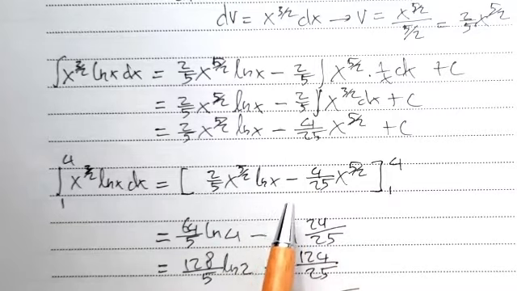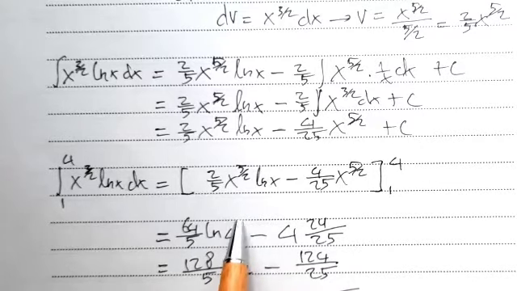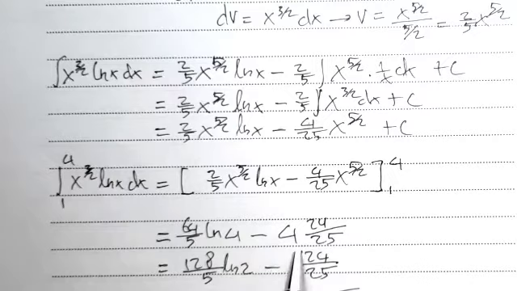From the calculation we obtain 64 over 5 ln 4 minus 124 over 25. We can write 4 as 2 squared, and the power 2 is moved down, times 2, so this also equals 128 over 5 ln 2 minus 124 over 25. This is the exact value of the integral.